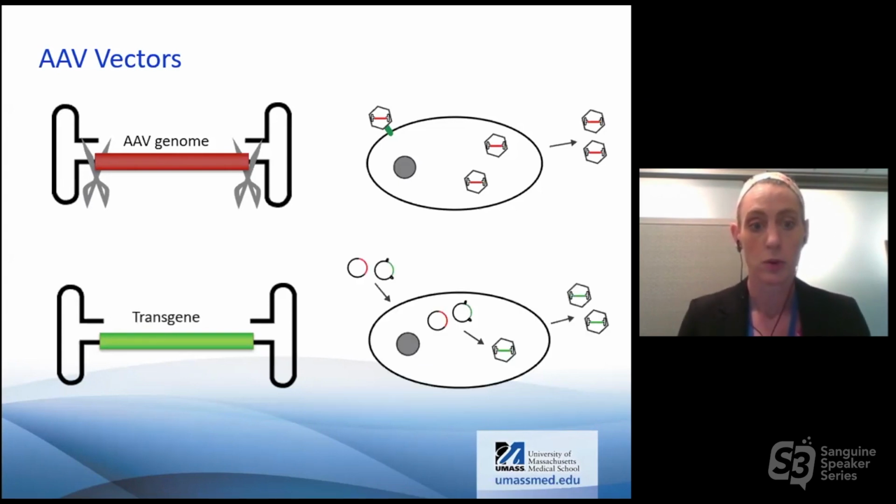We introduce this vector with the transgene in it, and we also introduce the other gene products that can help it replicate separately. So this transgene AAV gets packaged, and that's what gets released. It doesn't have the genes that can replicate itself. It just has the genetic material you want to introduce.